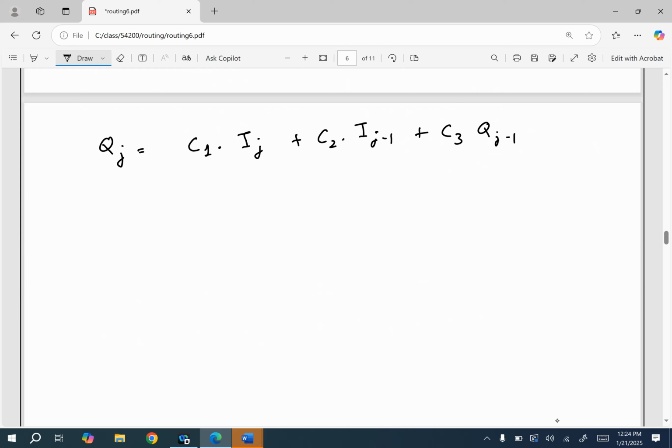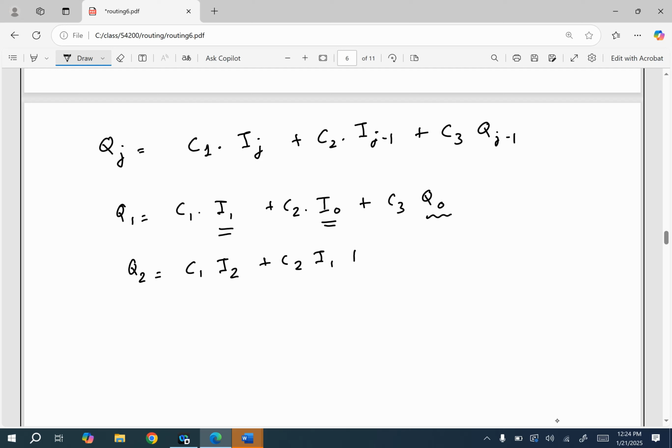So again, if I'm solving this for Q1, it is C1 times I1 plus C2 times I0 plus C3 times Q0. So this is known, and this is our initial condition which is known. So we solve for Q1, we get Q1, and then we solve for Q2, which will be C1 times I2 plus C2 times I1 plus C3 times Q1, and so on.